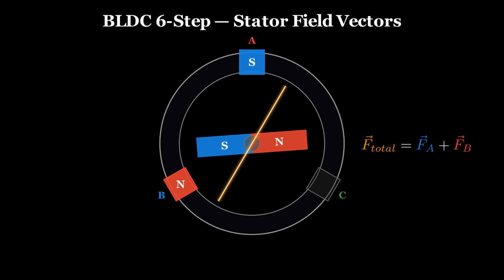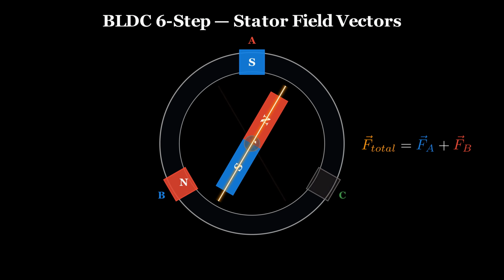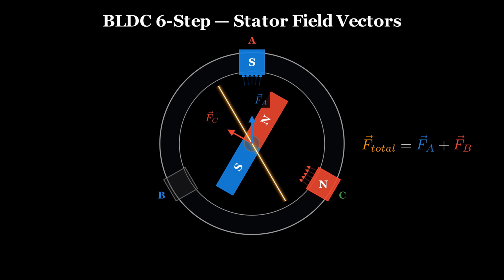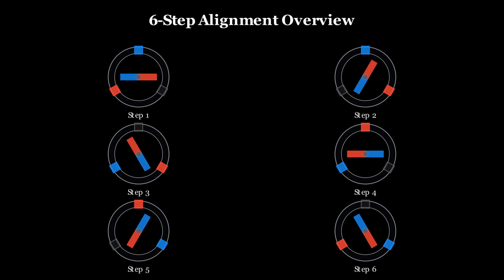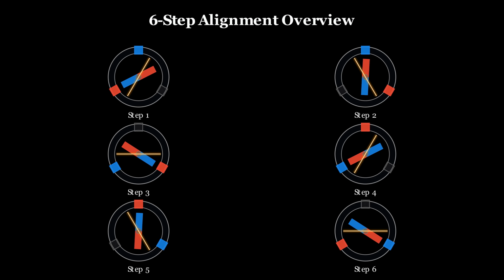Now, the rotor rotates to align itself with this resultant vector, and the next steps rotate the motor using this same exact principle. In this method, we only apply current to 2 out of the 3 stator coils to create an electromagnet. This is exactly why we have 6 distinct steps.